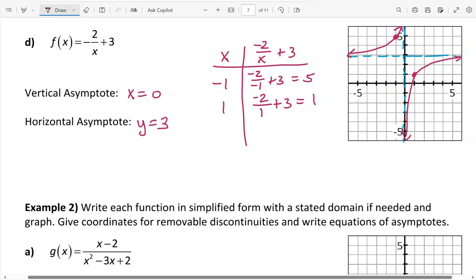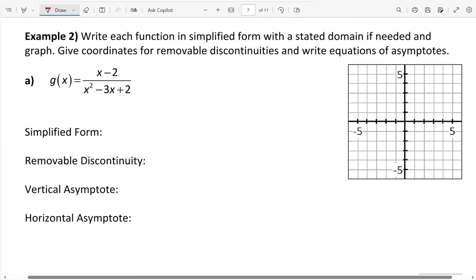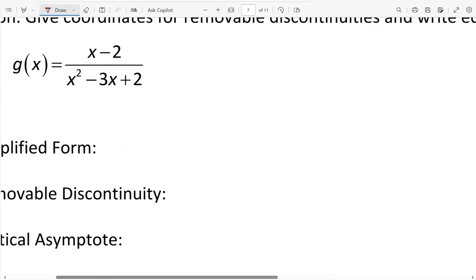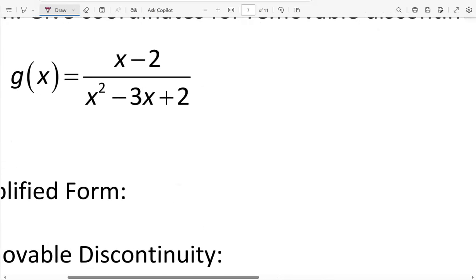Now let's move on to combining infinite discontinuities with removable discontinuities. So in example 2, we have a function that can be written in simplified form. g of x is equal to x minus 2 divided by x squared minus 3x plus 2.